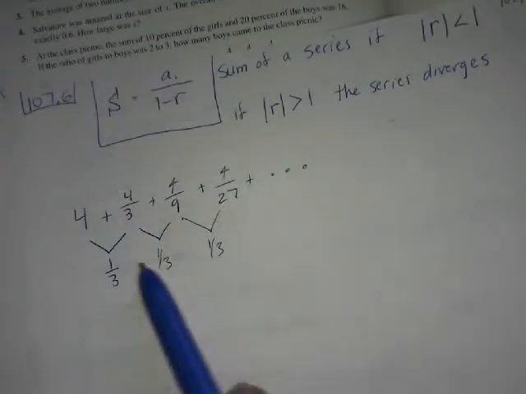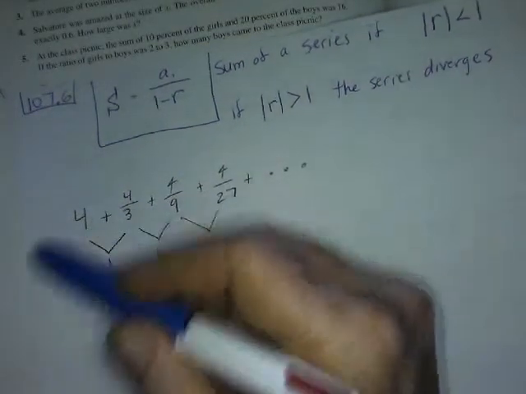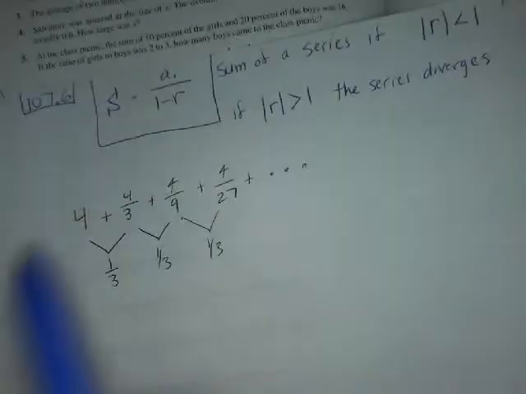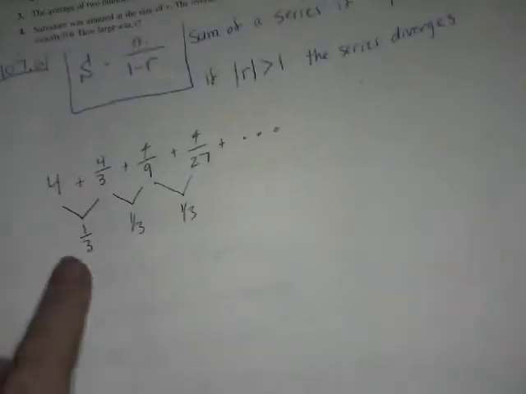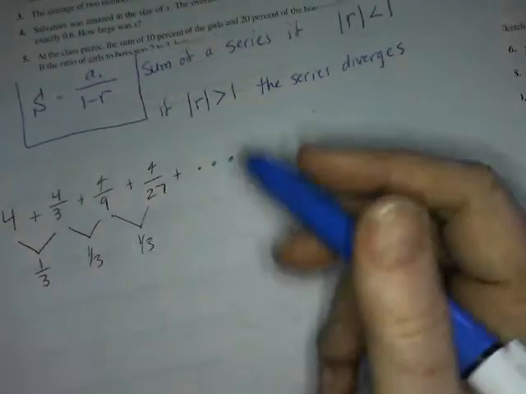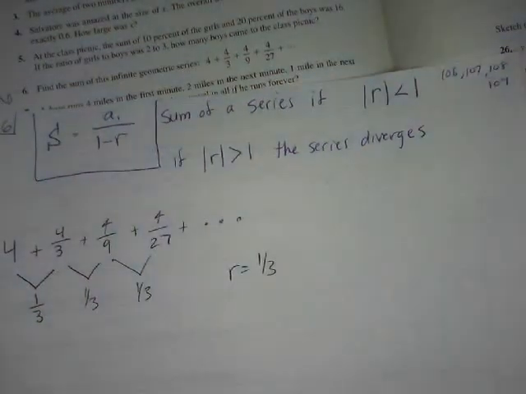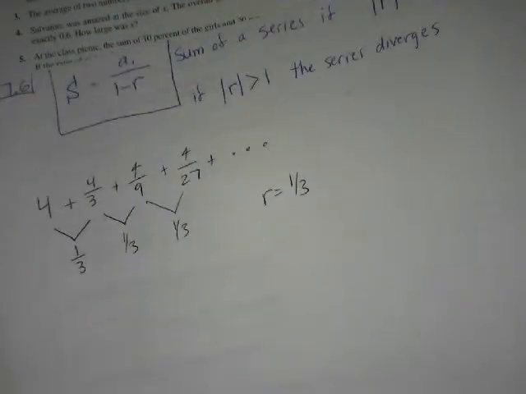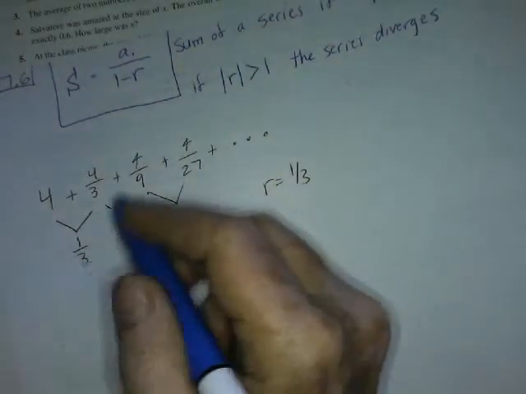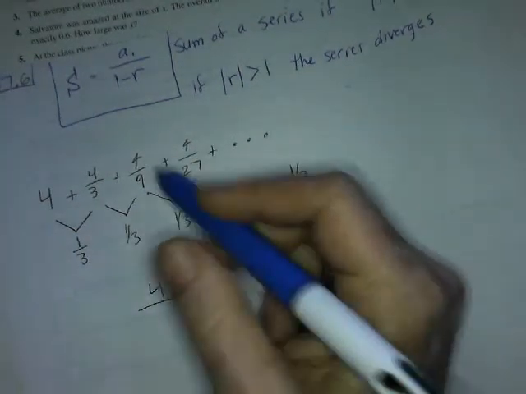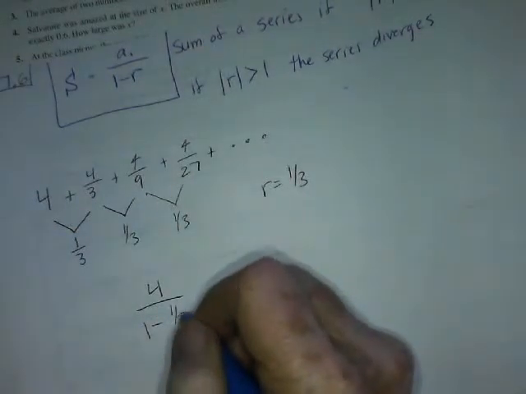If you didn't know that just by inspecting it, you could take one term and divide it by the one before it, and you would find r that way. But a lot of times you can just inspect it. r is 1/3, so I can use my formula. This is actually going to add up to a certain number if I keep going out infinitely far. a sub 1 is 4, over 1 minus 1/3.